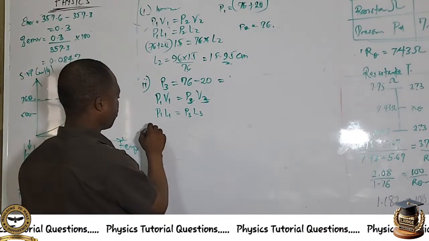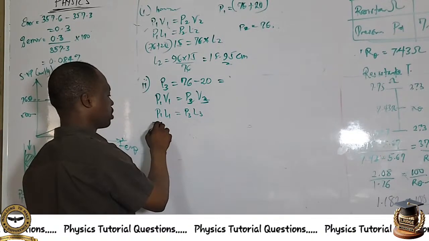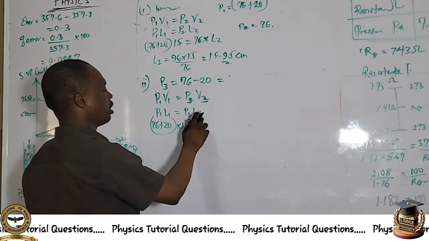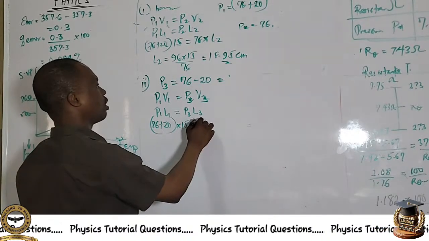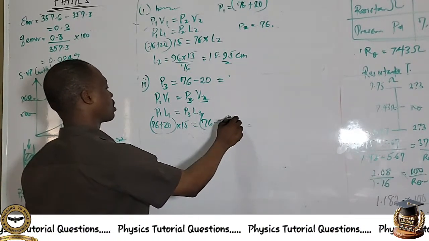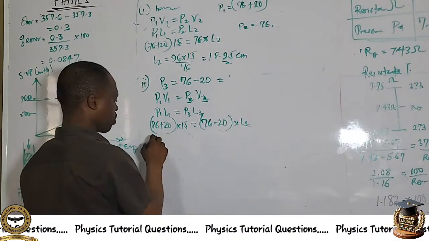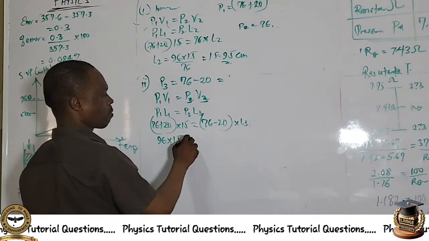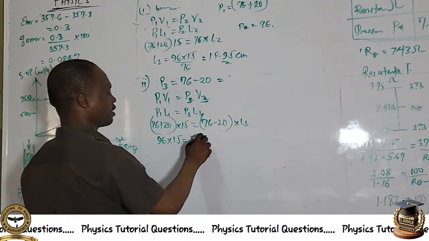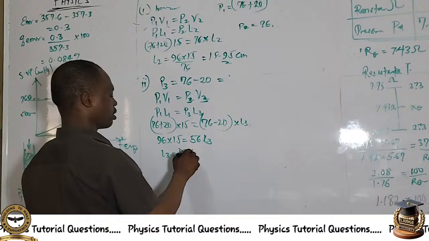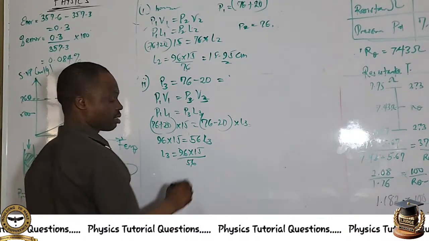P1 is already given to us, 76 plus 20, times 15 equals P3 when it's held face down. So 76 minus 20 times L3. So we have 96 times 15 equals 56 L3. L3 equals 96 times 15 over 56.